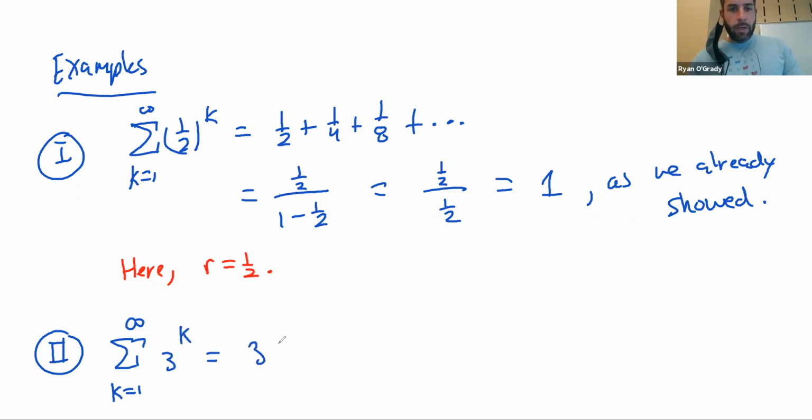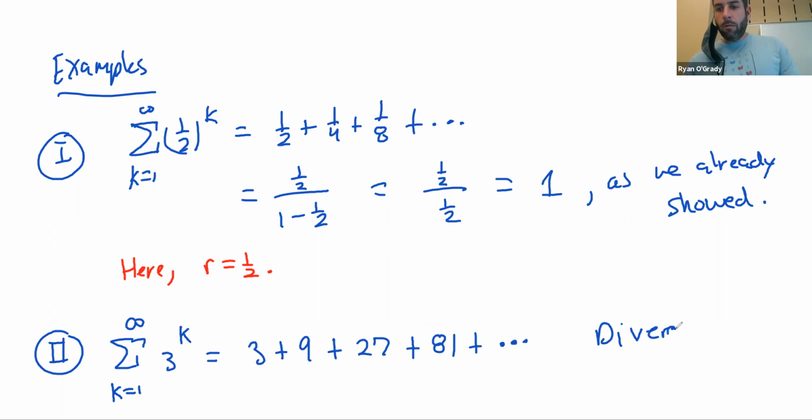This would be 3 plus 3 squared, which is 9, plus 3 cubed, which is 27, plus 3 to the 4th, which is 81. This guy diverges. And of course, you want to know why. Why? Because r, which is 3, is greater than 1.